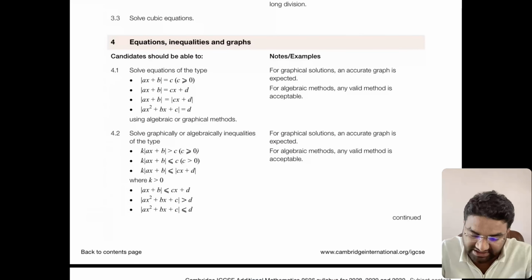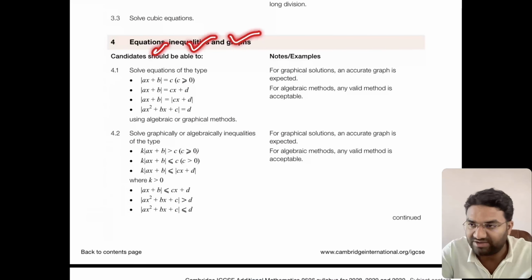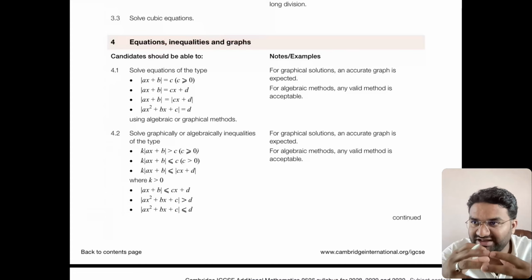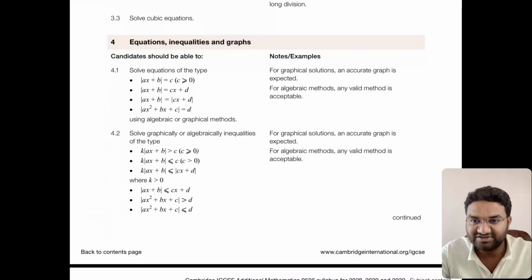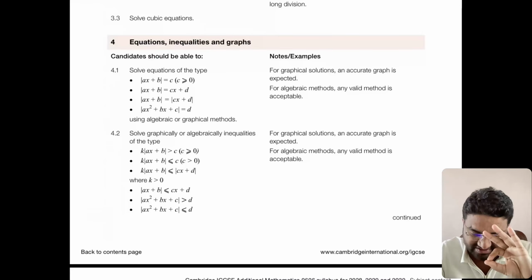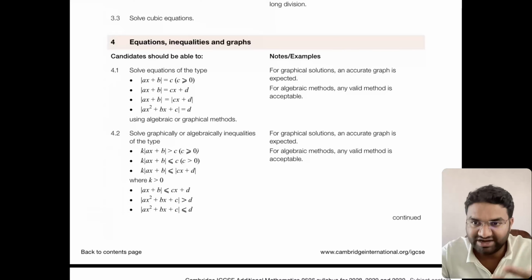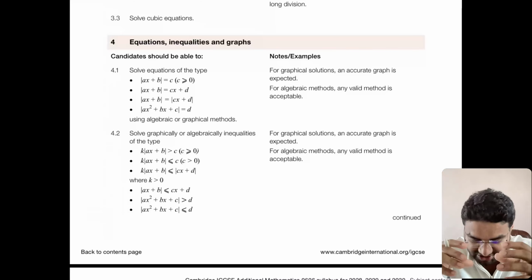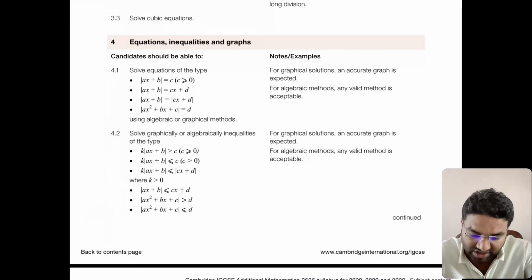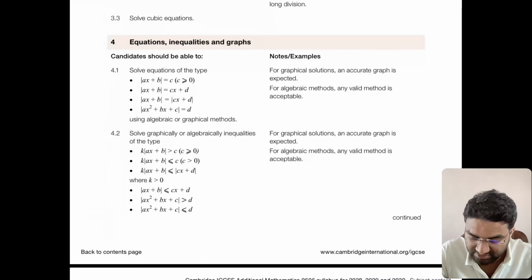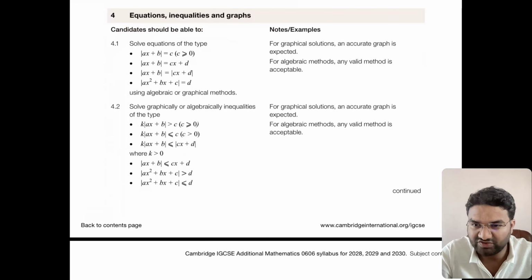Fine. Then equations, inequalities and graphs. This is completely based on the first three topics or chapters. Apart from that, the extra part is modulus functions, their inequalities, and quadratic and cubic inequalities. And how to solve them.